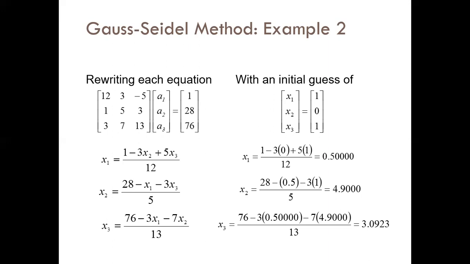Put the value of x1 as 0.5 and x2 as 4.9. Then 76 minus 3 into 0.5 minus 7 into 4.9 divided by 13 is equal to 3.0923. This is the value of x1, x2 and x3 after iteration number 1.